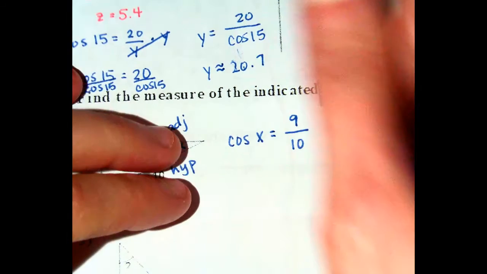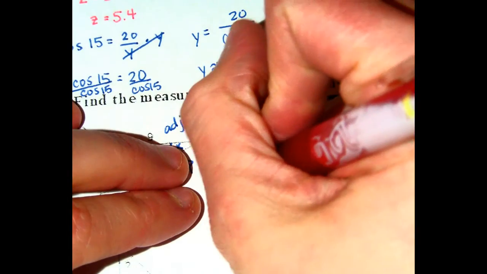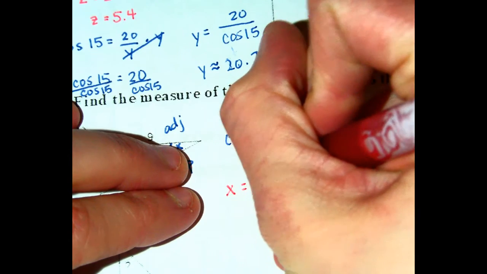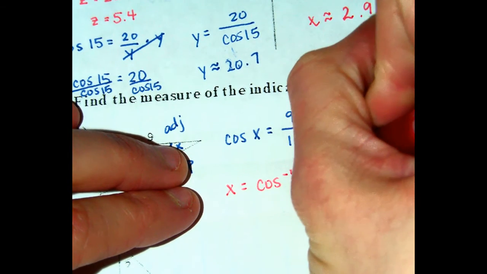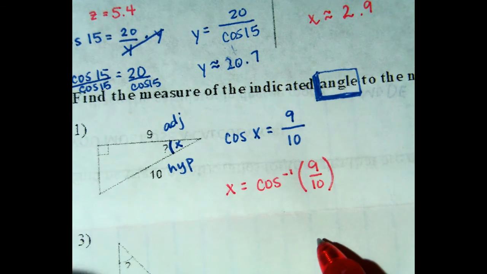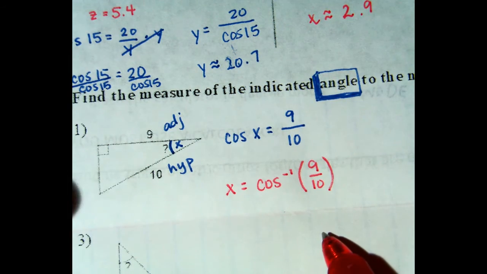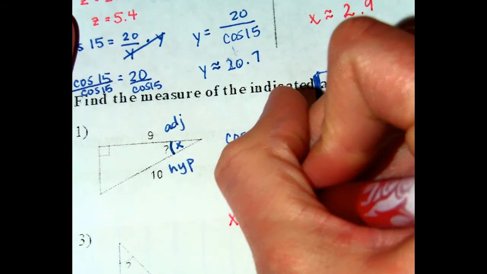On your calculator, you're going to press second cosine. The inverse means you are literally going to find whatever the inverse of 9 over 10 is. You will plug that in your calculator. You only use inverse cosine, sine, and tangent if you are looking for an angle. I have people that use it for all kinds of stuff when it's only for an angle.